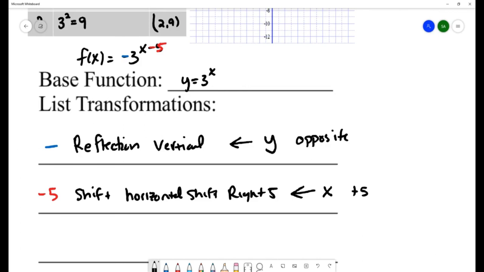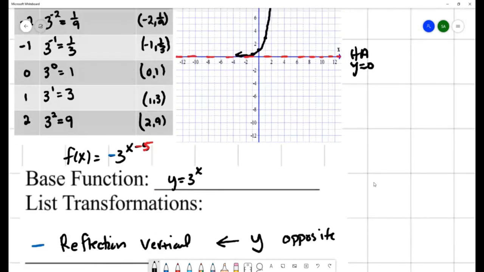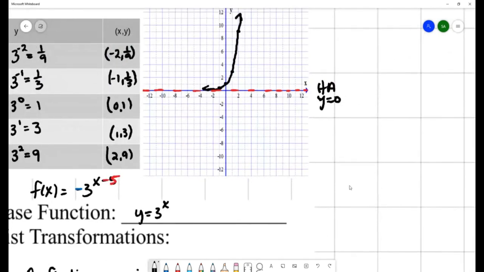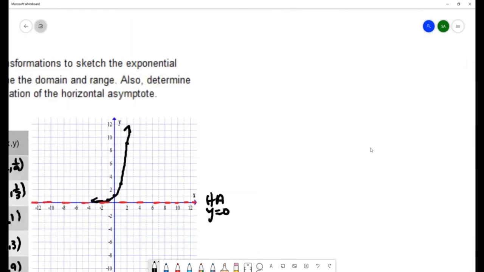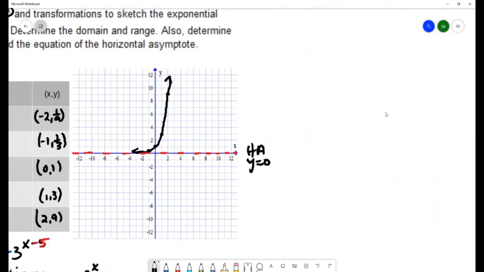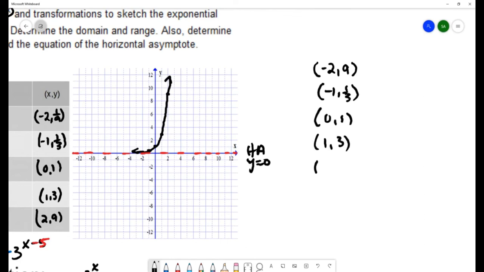So going back to those ordered pairs that I had, let's write down those ordered pairs. And my whiteboard is acting a little bit crazy today. So my ordered pairs are -2, 9, -1 and a third, 0, 1, 1, 3, and 2, 9. And following our transformations, all of the y values are going to become the opposite. That's what the reflection would do. It would mirror it over the x-axis.